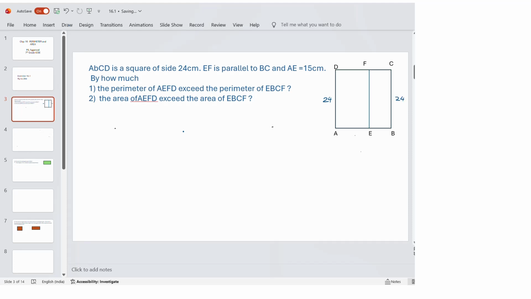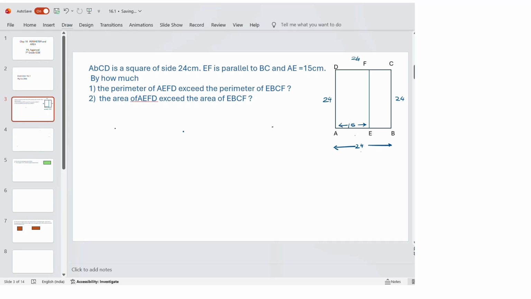This is again 24. Now AE is given as 15 centimeters. We're going to write it inside the rectangle, which keeps things simple.